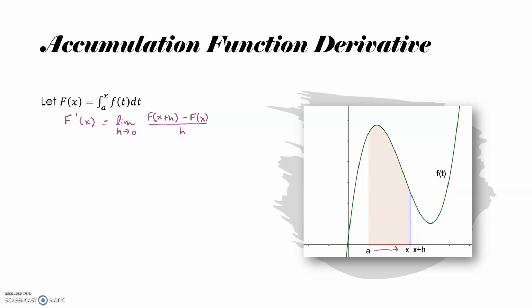All right. So then, remembering what the definition of f is, that means we're doing the limit as h goes to 0 of the integral from a to x plus h of f of t dt, minus the integral from a to x of f of t dt, over h.